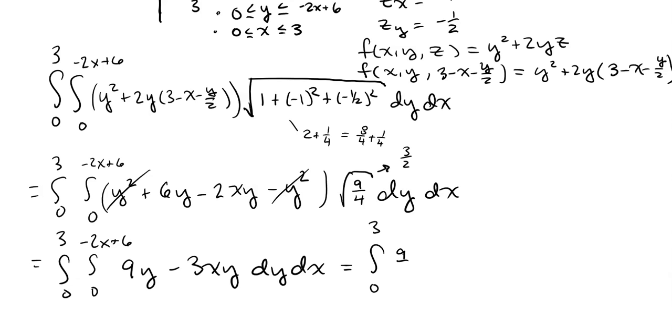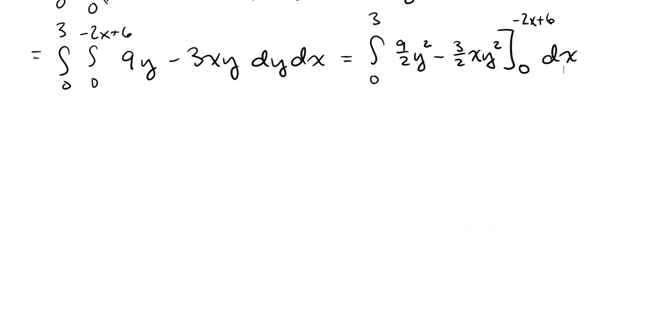So then taking the integral with respect to y, we'll end up with 0 to 3 of 9/2 y squared minus 3/2 xy squared, where we'll do that from 0 to -2x plus 6. So plugging in there, when we plug in that negative 2x plus 6, we'll need a -2x plus 6 quantity squared.